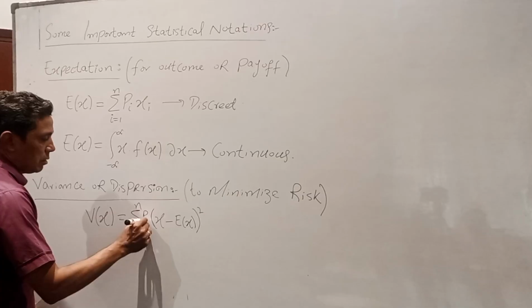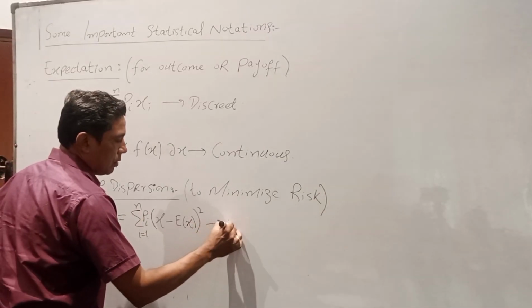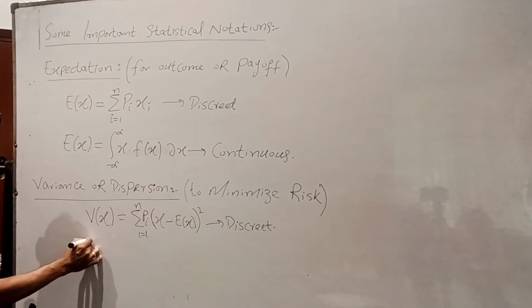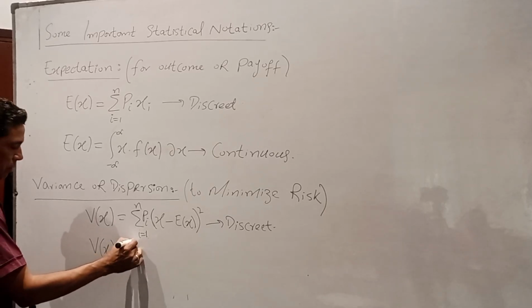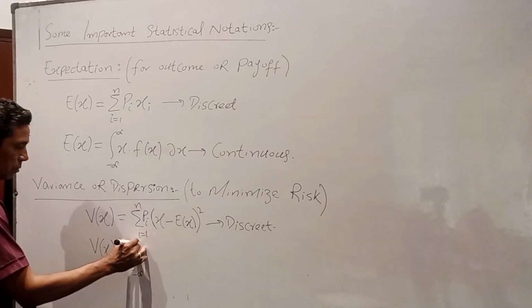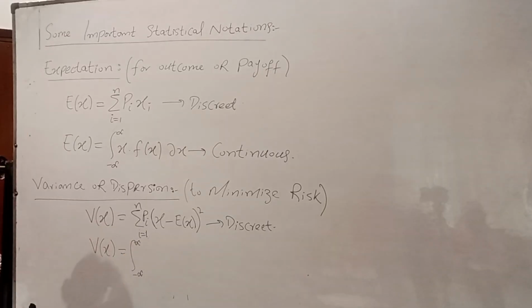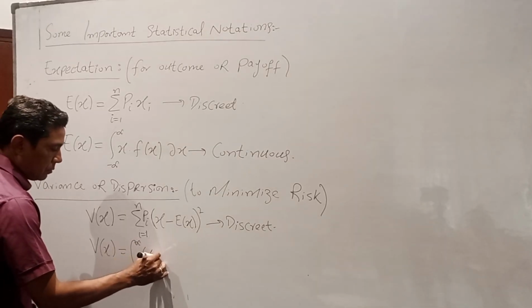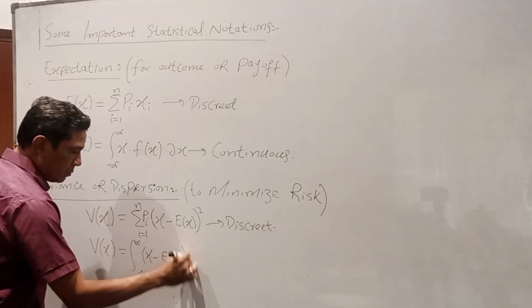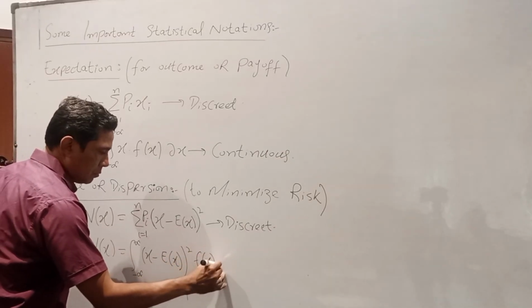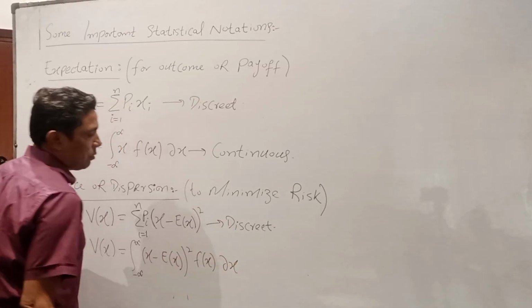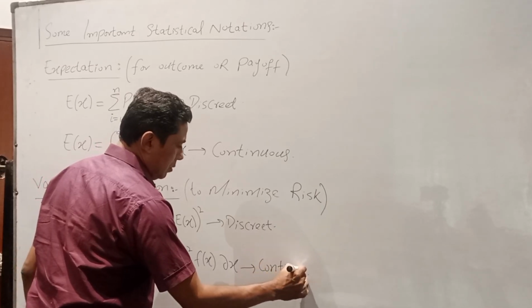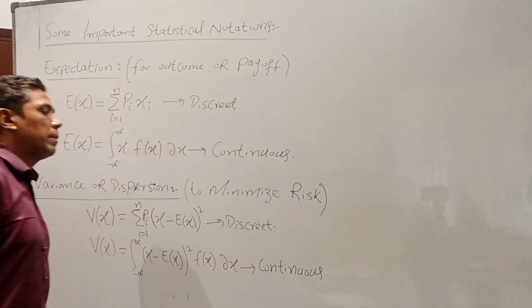This one is pi for the discrete, and the continuous is fx. Okay.